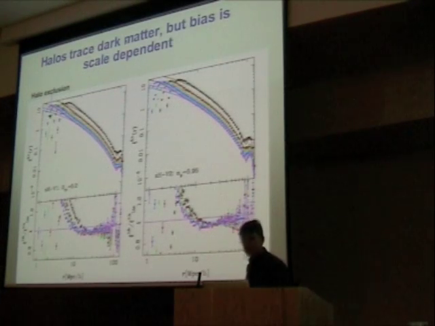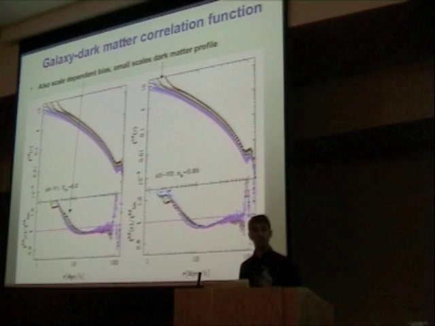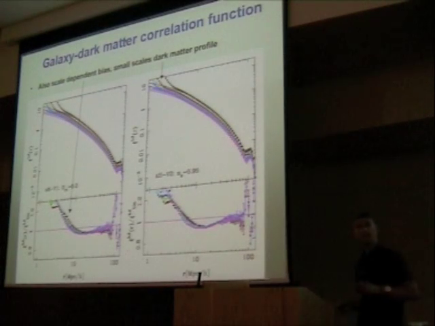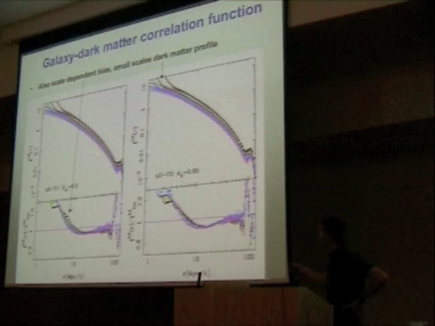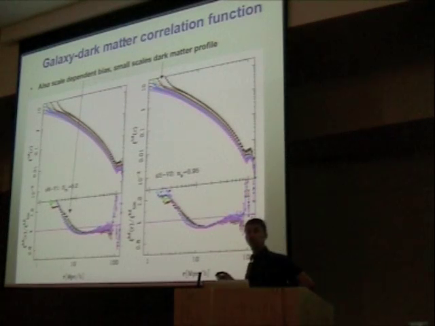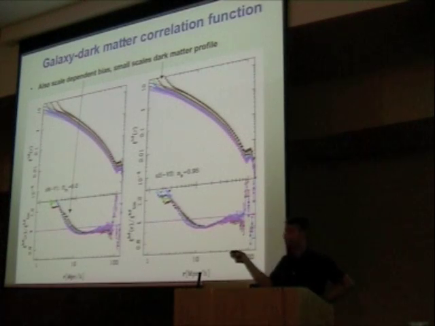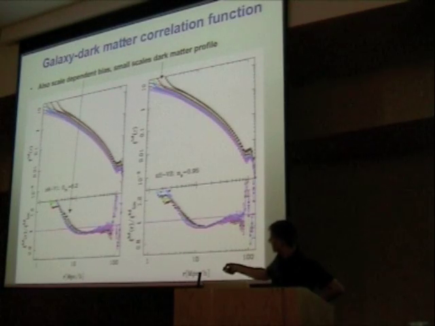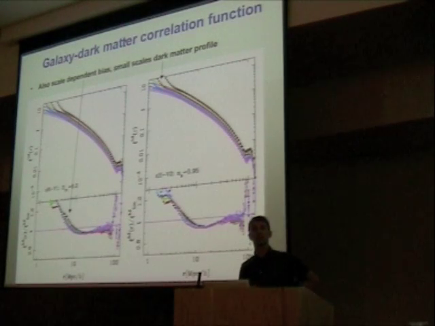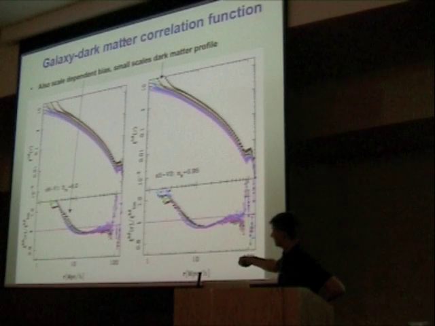However, let's look at the same thing in terms of the cross correlation between galaxies and dark matter. And we see a very similar pattern here, that again, the more massive halos are more strongly biased. All right? And again, on large scales, this bias is relatively scale independent, and on small scales, this becomes a scale dependent relation.